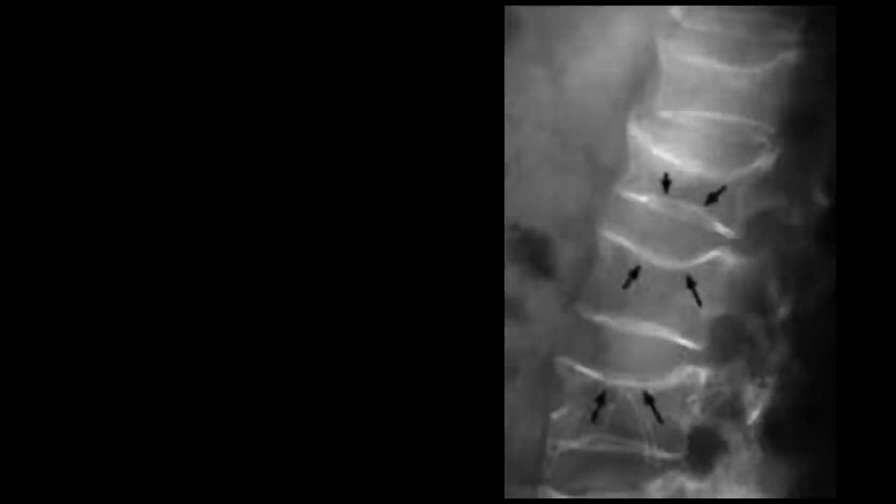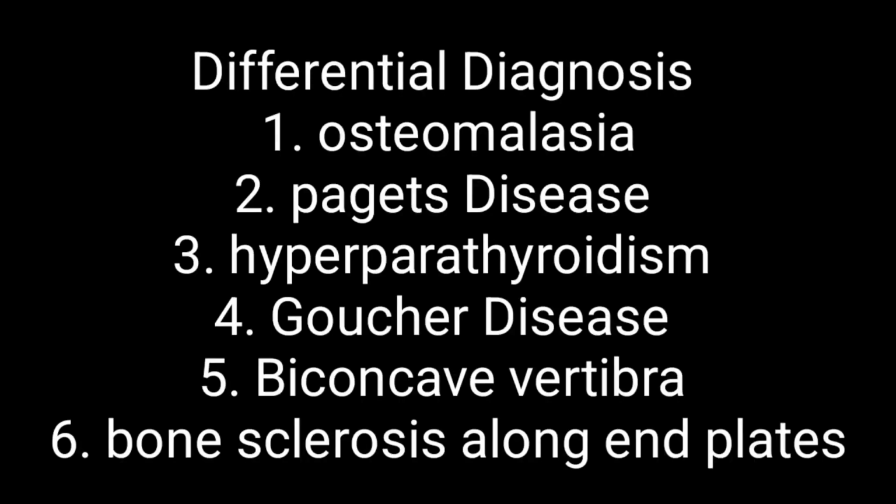There is a differential for the fish vertebra if you come across it on AP and lateral images. Fish mouth vertebra can be seen in osteoporosis, in senile or elderly patients, and in those taking high doses of steroids. But the differential diagnoses include osteomalacia.